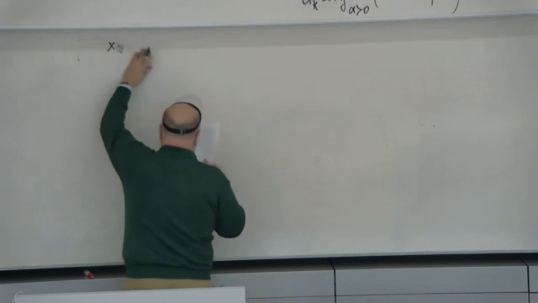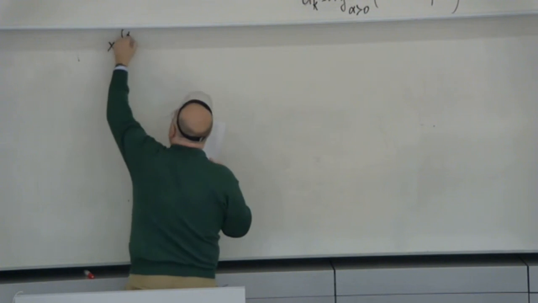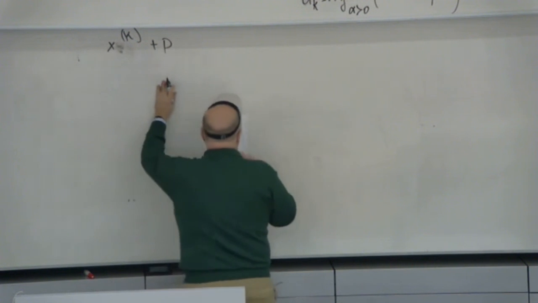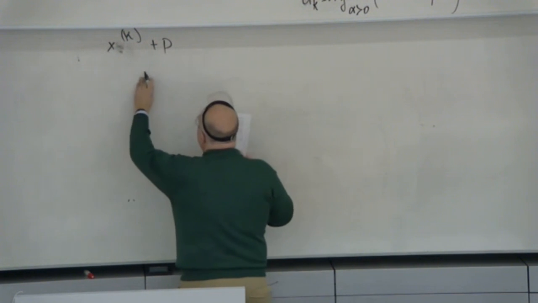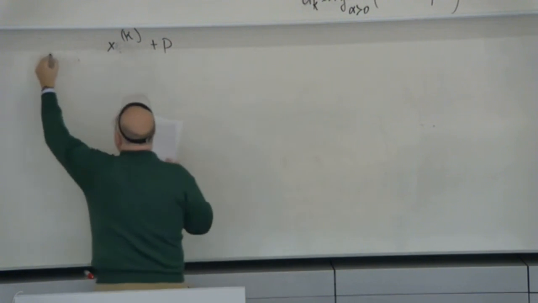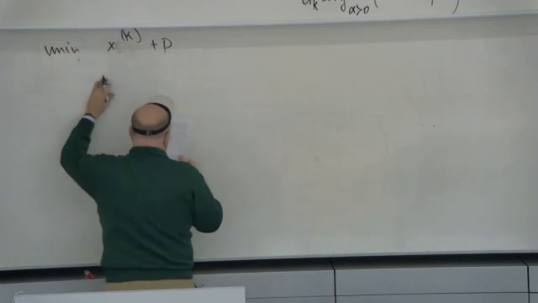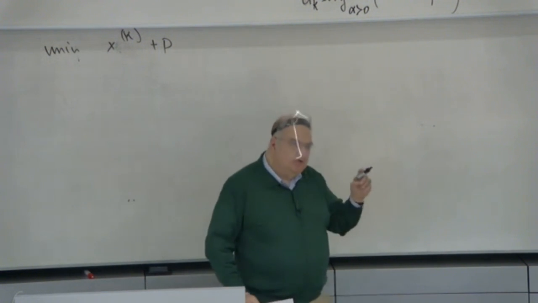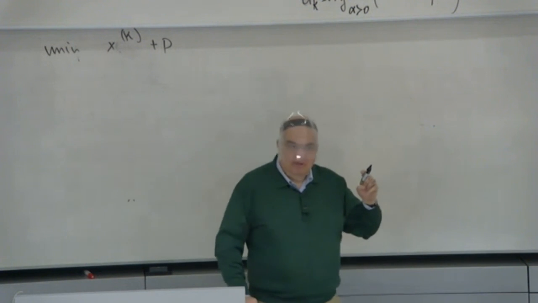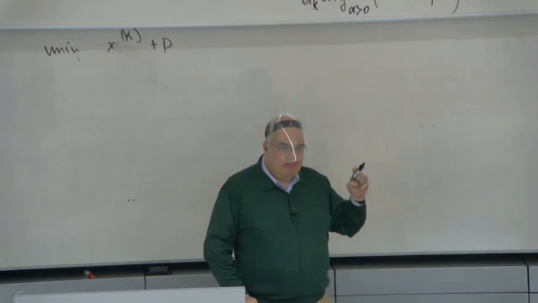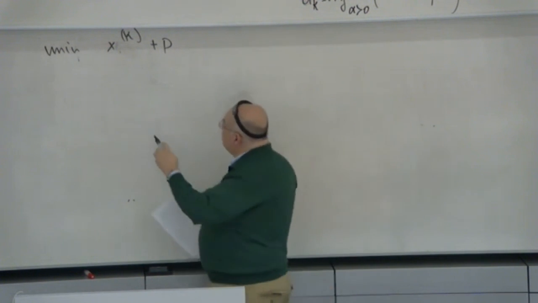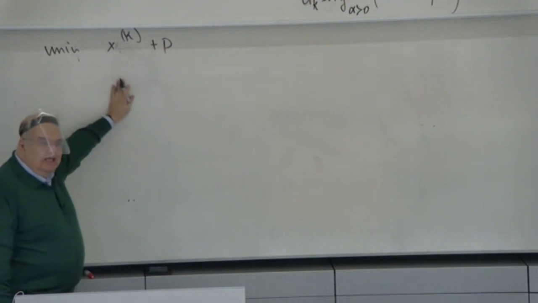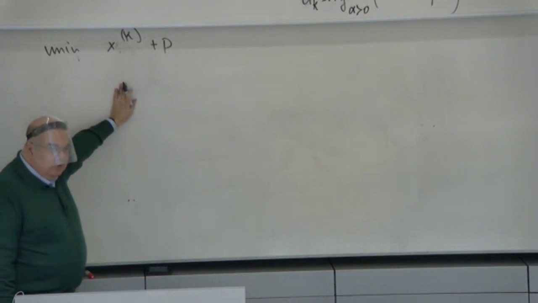Let's say you start from xk, and you want to find the minimum of, in theory, f of xk plus p, but that would be computationally impossible.